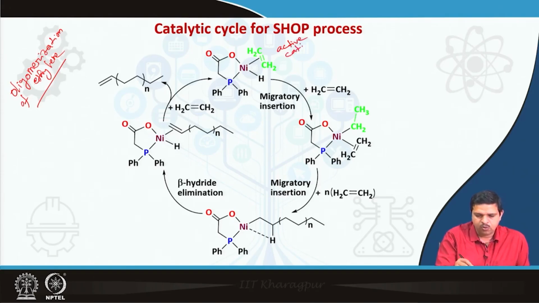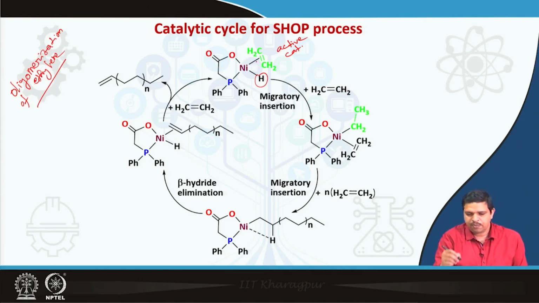Now you have the phosphinoacetate here, that P-O coming from the phosphinoacetate, and here we have a nickel hydrogen, and that vacant position is coordinated by the alkene.